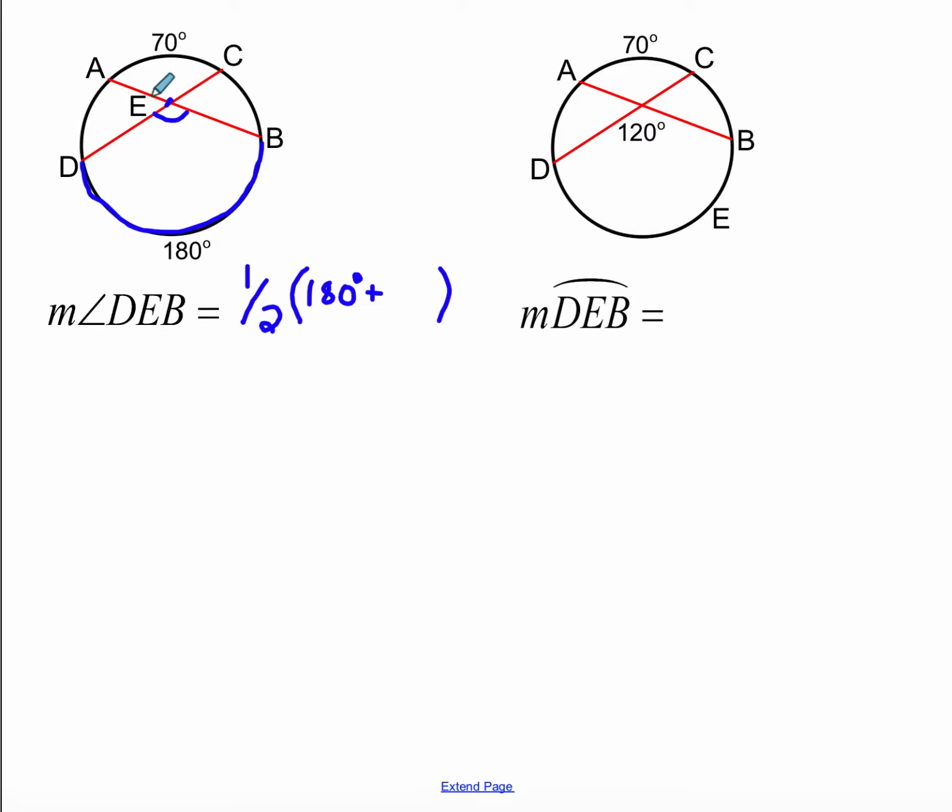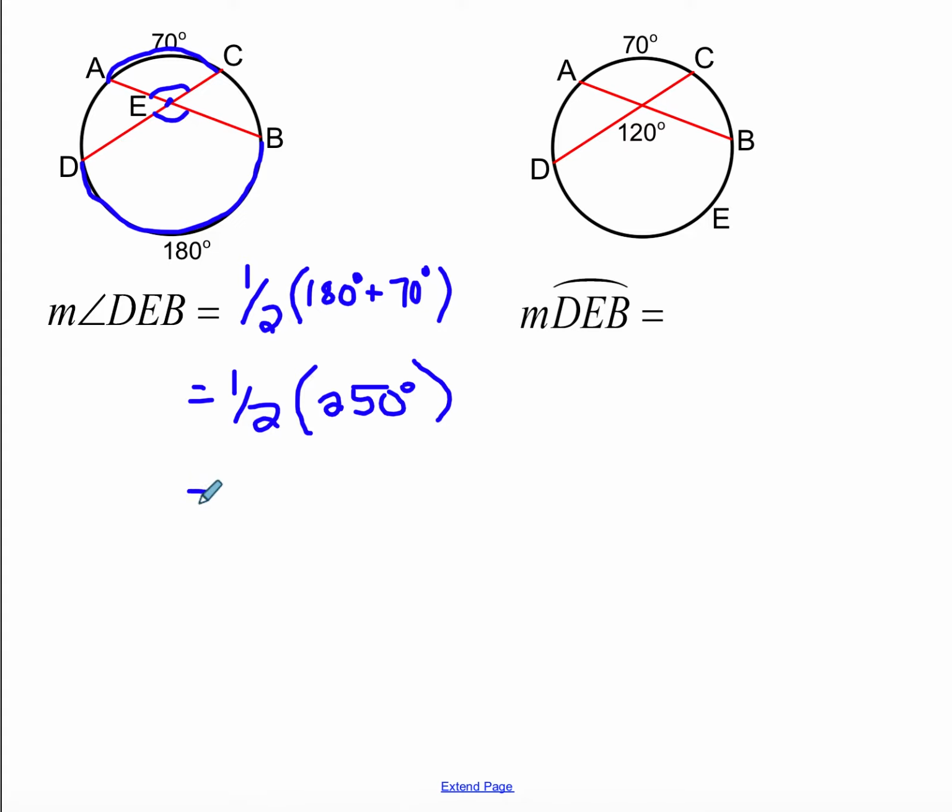Well, this is its vertical angle right there, and we can see that the arc intercepted by its vertical angle is 70. Okay, so I'm going to add those two arcs together and multiply them by 1/2, and I will get the measure of angle DEB. 180 plus 70 is 250.